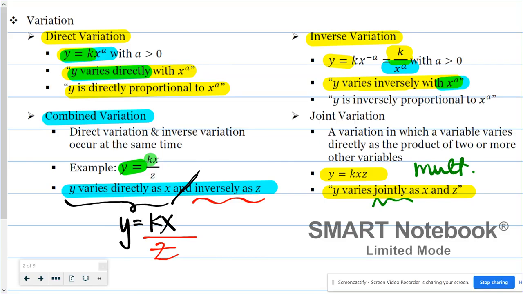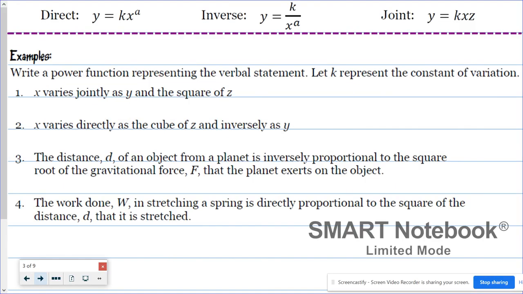So we multiply with jointly, we multiply with directly, we divide with inversely, and we do both for combined variation. And the way the wording is in these problems, everything is in order. I really like it.